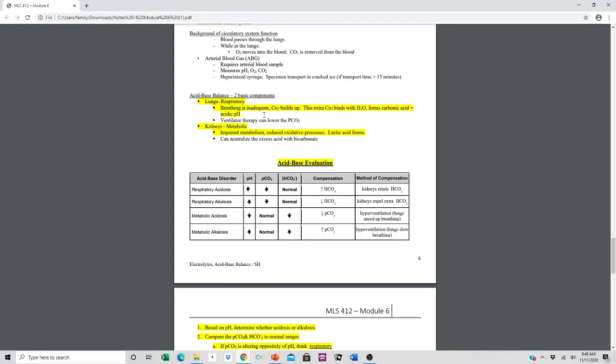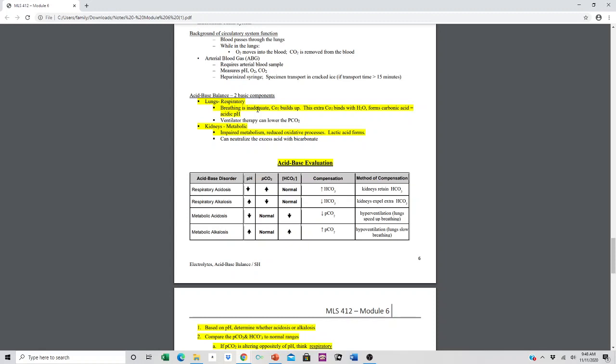So if breathing is inadequate, CO2 builds up and ends up forming carbonic acid, and there'll be an acidic pH. So when it says breathing is inadequate in a test question, that could be the patient has asthma, the patient has emphysema, or any other condition that's going to cause hypoventilation.